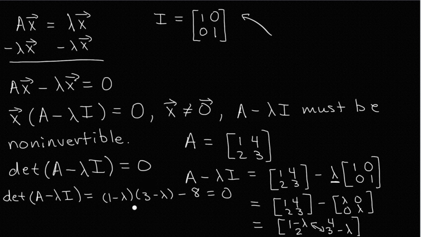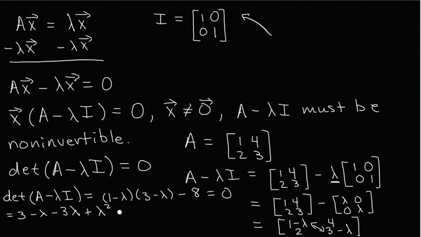So now we can multiply these two factors together. If we do that, 1 times 3 is going to give me 3. Then 1 times negative lambda is going to give me minus lambda. Negative lambda times 3 is going to give me minus 3 lambda. And then negative lambda times negative lambda will give me a positive lambda squared.